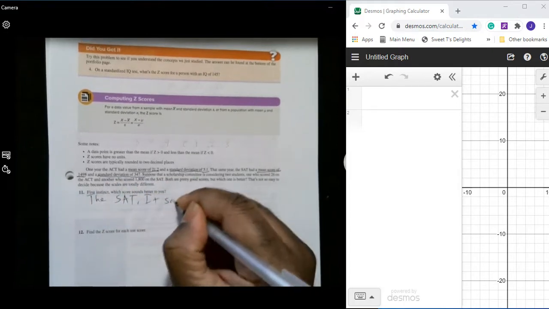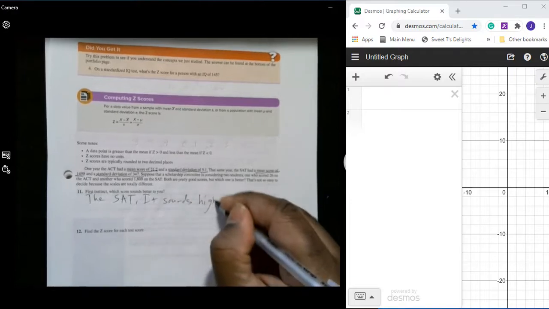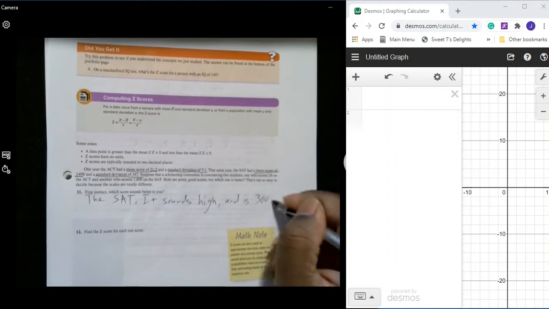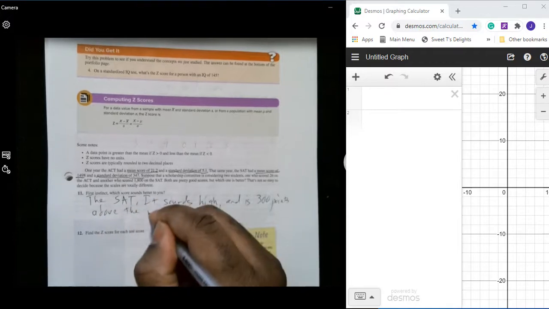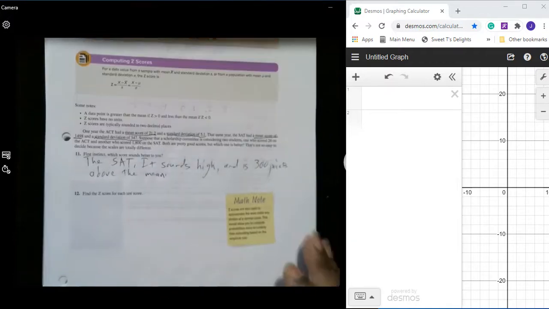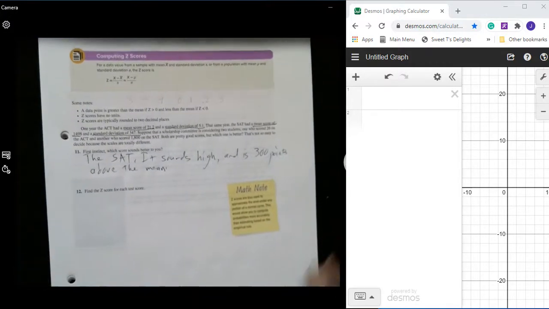It sounds high and is 300 points above the mean. Now number 12, it says find the z-score for each test score.